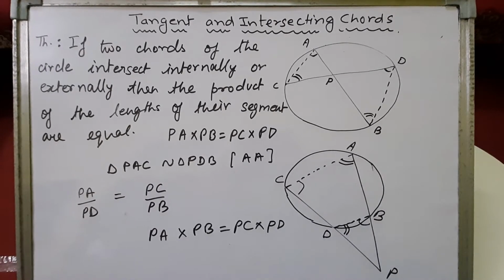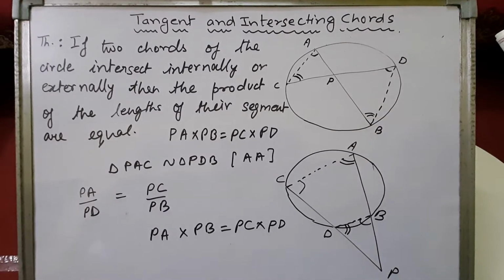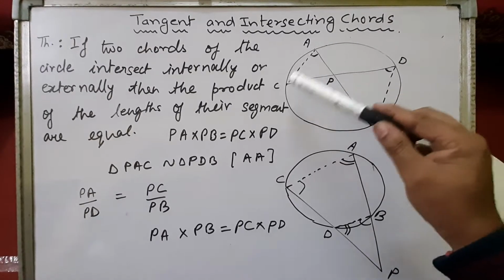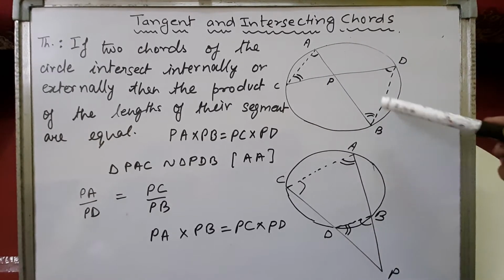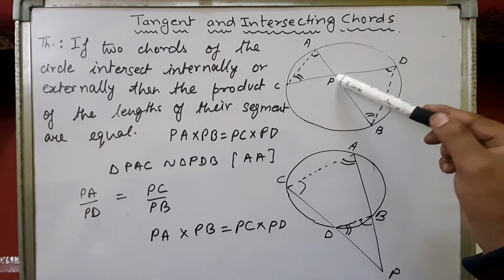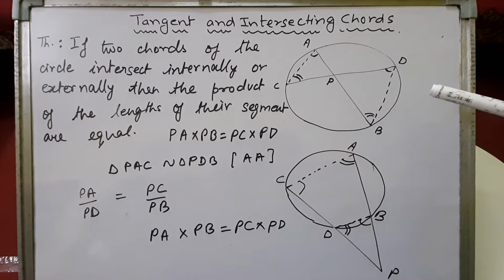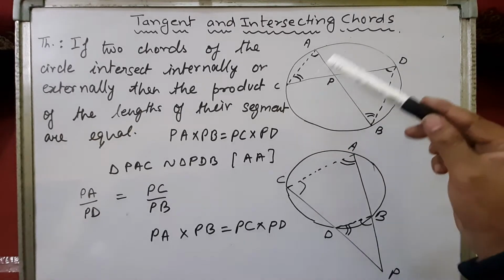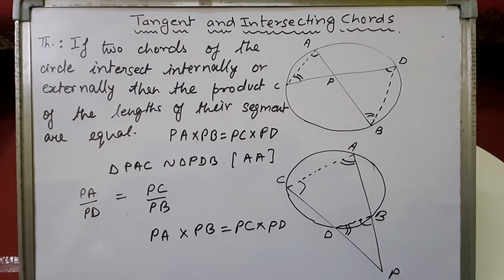Now if we have to prove that the product of the lengths is equal, you can see that there are two triangles. If we join AC and BD, we can see that there are two triangles, PAC and PBD. Right. Now this segment BC is subtending angle BAC, and the same segment BC is subtending angle BDC.